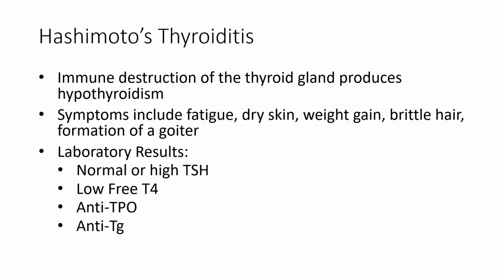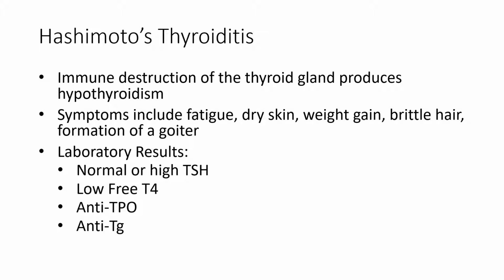Hashimoto's thyroiditis, inflammation of the thyroid, results in a goiter, additional problems, dry skin, weight gain, as you would expect, because we end up with a hypothyroid situation, which means low T4.